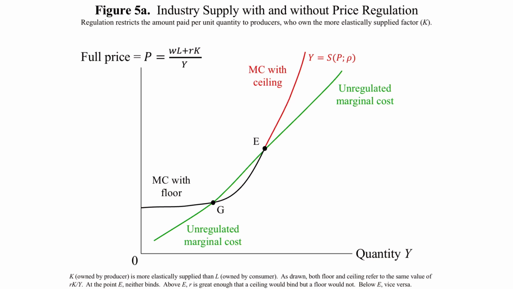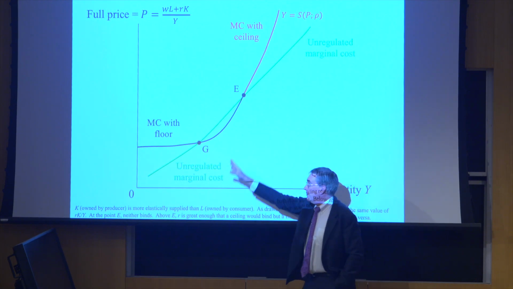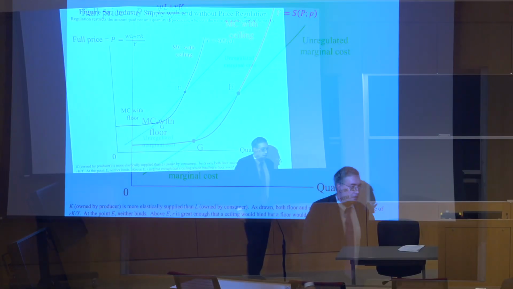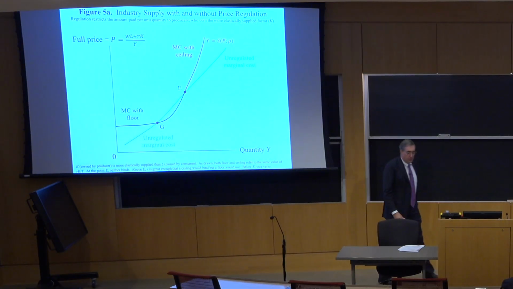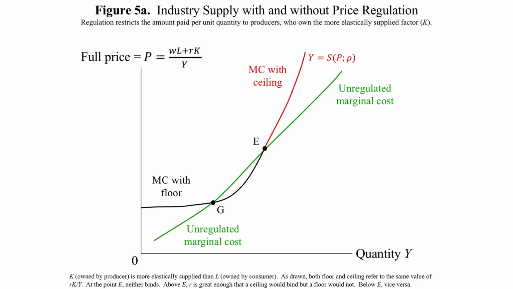Now the argument that I gave you before when I had the arrow between RK and WL relied on being local to E. I said they were minimizing cost before. There's one effect of substituting from K to L that we can ignore and focus on this comparison of factor supply elasticities. When you get far away, that other term is going to dominate too. So I have it crossing another time. We're not going to analyze that. But there's a second effect we need to look at when we get far from the unregulated price. So that's K being elastically supplied.